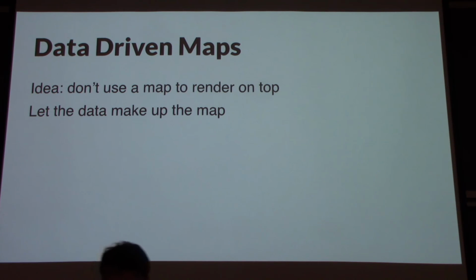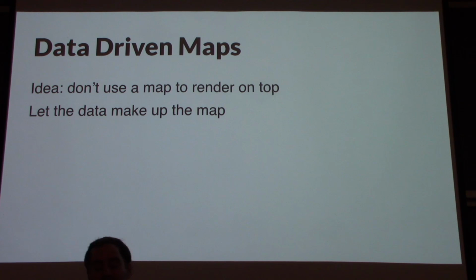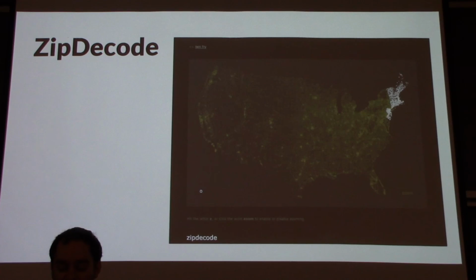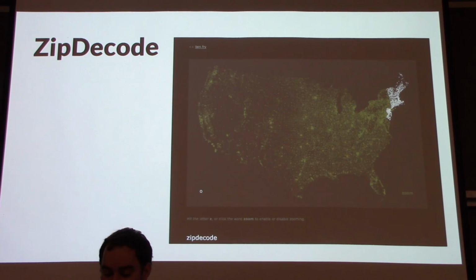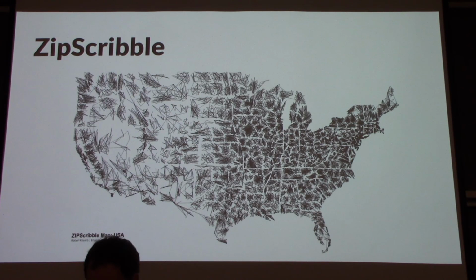Okay, so the data-driven maps are what I mentioned about plotting latitude and longitude. So don't use a map and render on top, but really let the data make up the map. There's a couple of things like that, but given the time, I just wanted to show you two examples. This is a zip scribble map.